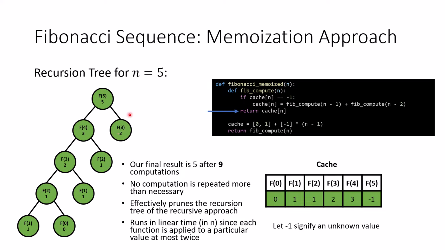The second time is just checking on it and realizing that we can just get the value in the cache. So each of the nodes 1, 2, 3, 4, 5 is not solved more than twice. So effectively, if we were to make a connection to game tree search that we did in the last lecture, it's kind of a way to prune our tree.